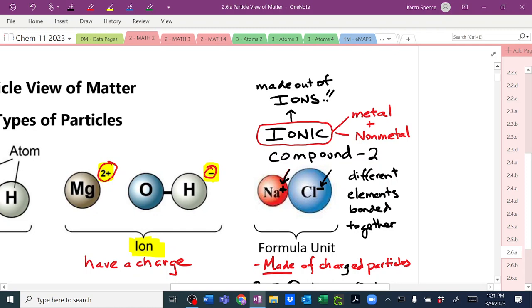So we have this formula unit, which is actually a little bit unreal. If you have an ionic compound, what structure does it actually make? An ionic compound actually makes a crystal lattice.